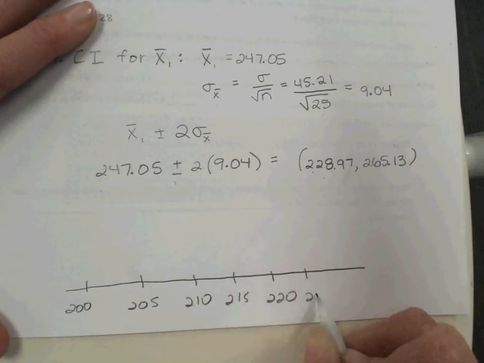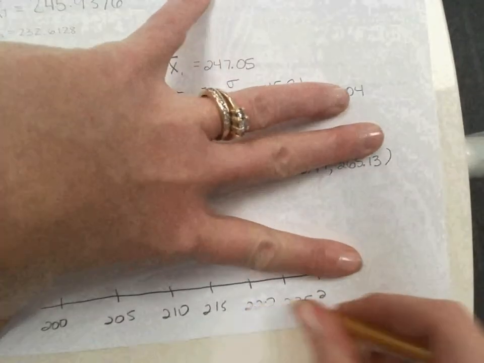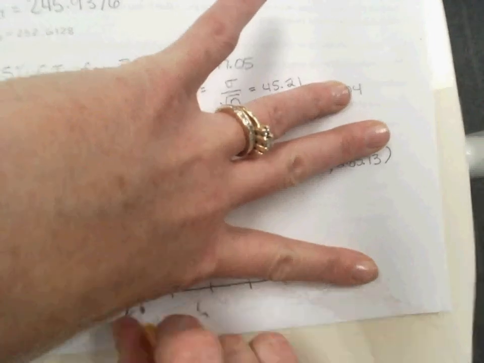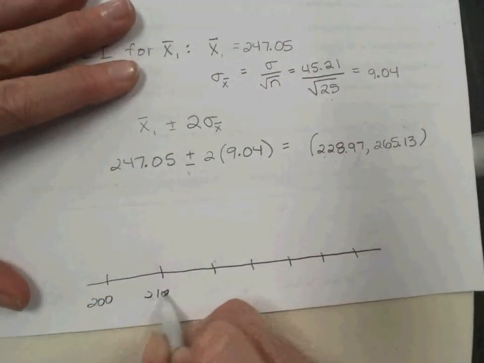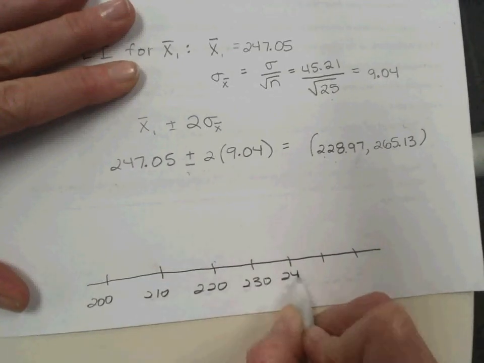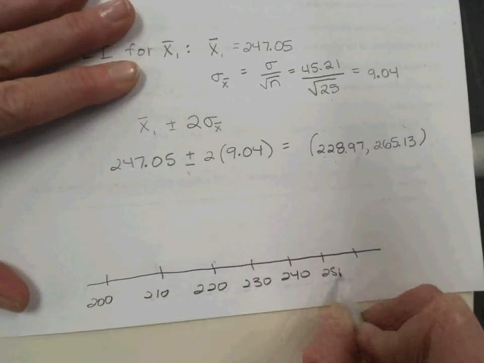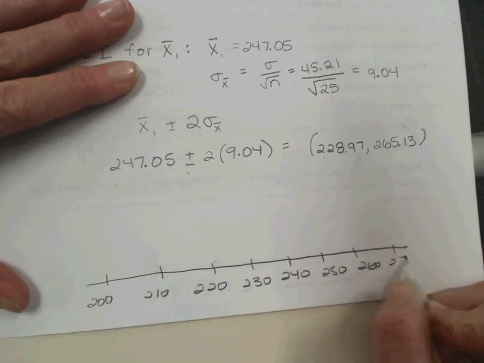I'm not going to have room for 260, am I? That was a bad idea, huh? Sorry. I'll try this again. Here. 210, 220, 230, 240, 250, 260, 270.